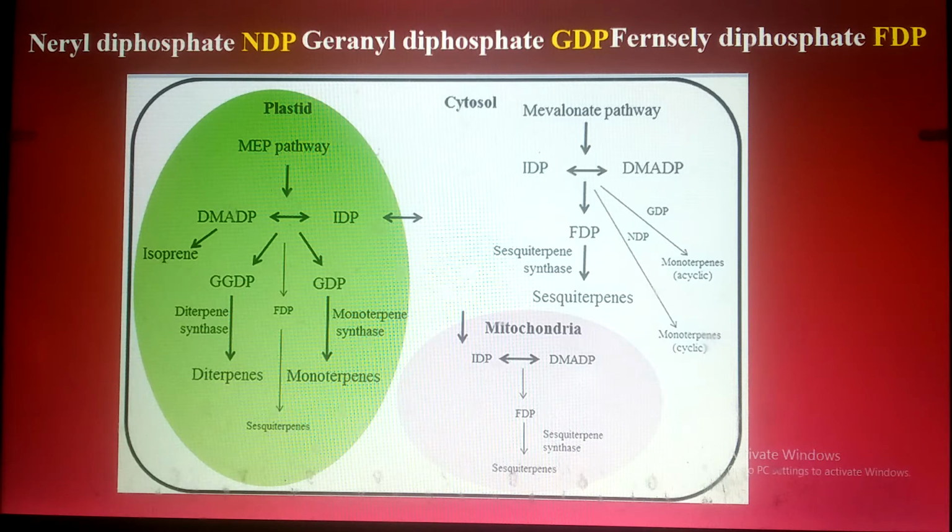So you can see here, I have also provided the NDP, GDP, FDP, abbreviated for neryl diphosphate, then geranyl diphosphate, and then farnesyl diphosphate, FDP. So you can see here the MEP pathway, which occurs in the plastid, then in the cytosol, which is the mevalonate pathway, and then in the mitochondria. Is it clear? Okay.